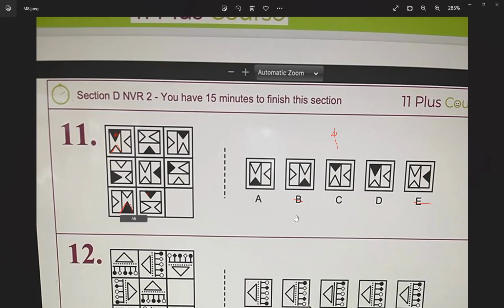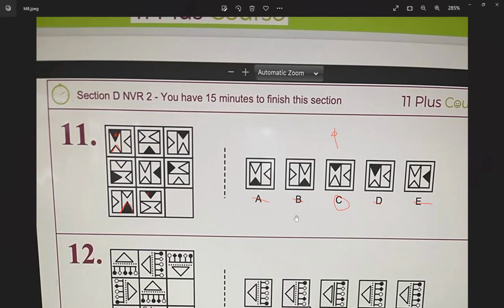So it can't be D. And when you rotate it, I think the smaller one will be pointing on top of the bigger one, so I don't think it's A. I think the answer is C.